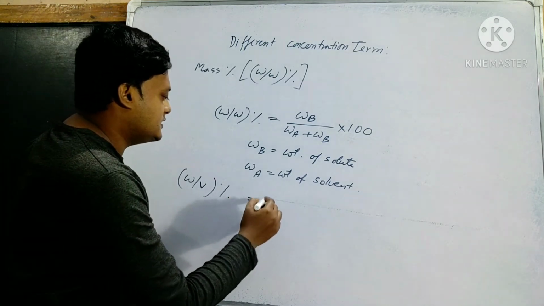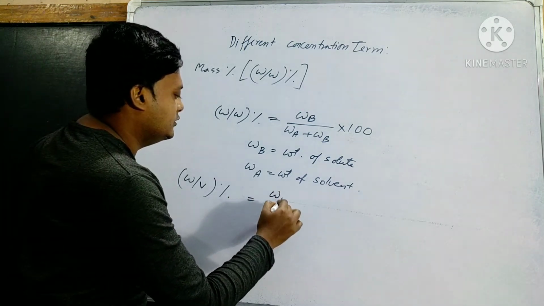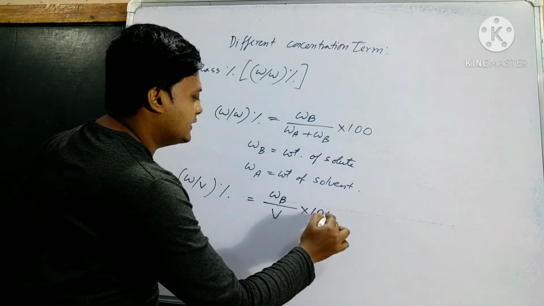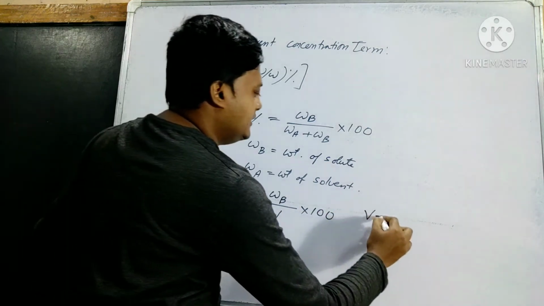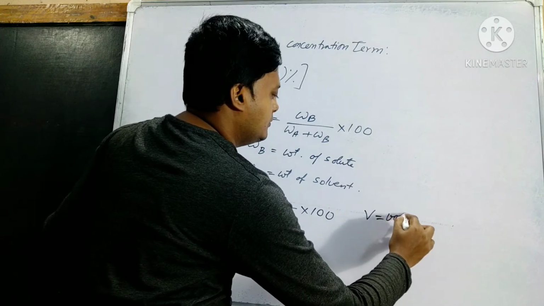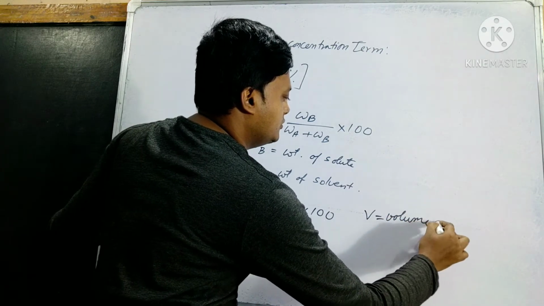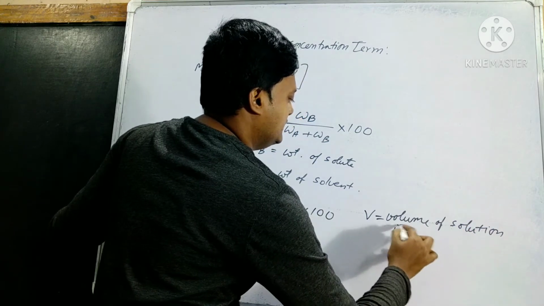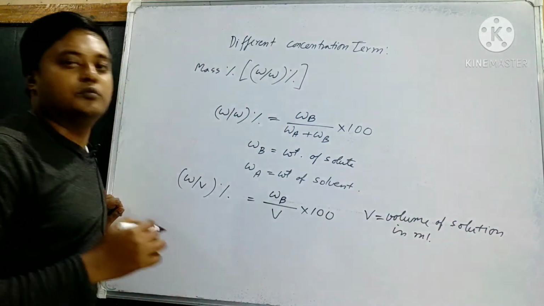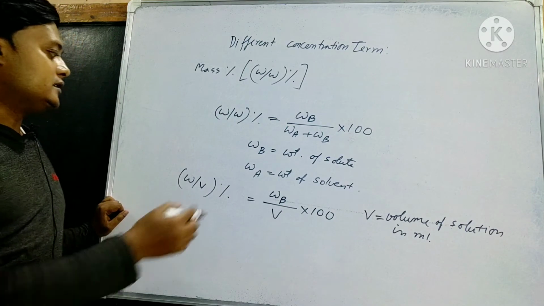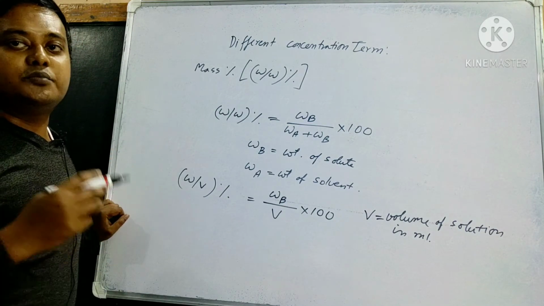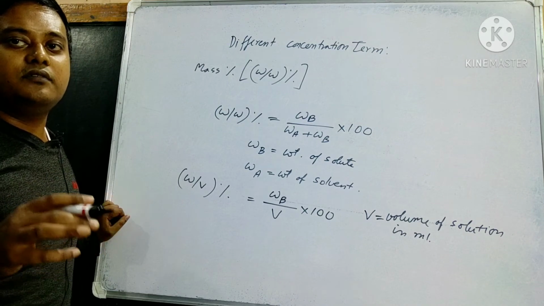So that is WB by V into 100, where V is the volume of solution in ml. WB by V into 100, the amount of solute present per 100 ml of solution.